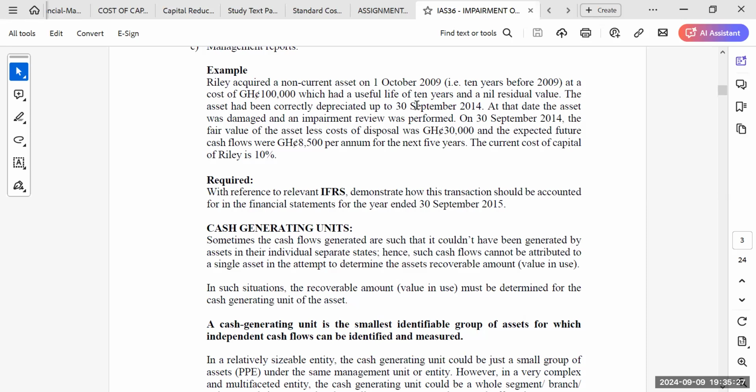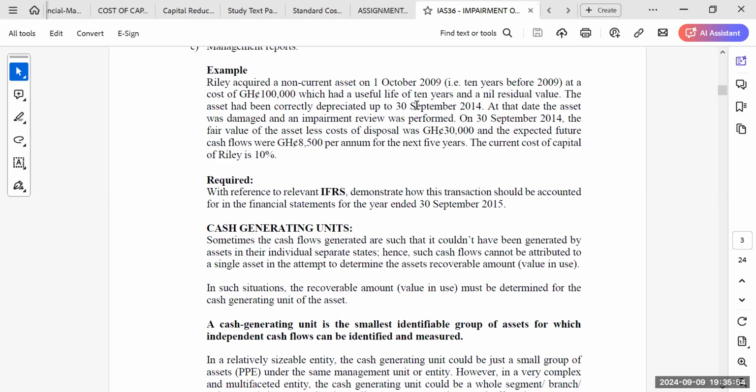The asset had been correctly depreciated up to 30th September 2014. At that date, the asset was damaged and an impairment review was performed. On 30th September 2014, the fair value of the asset less cost of disposal was 30,000 cedis, and the expected future cash flows were 8,500 cedis per annum for the next 5 years.